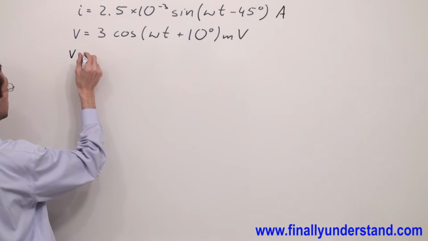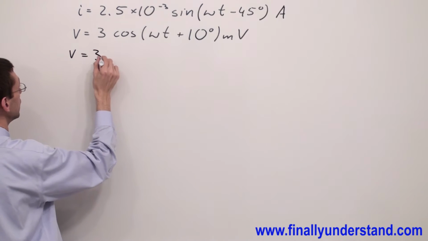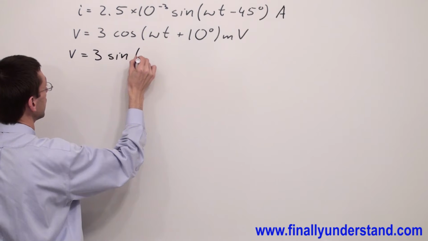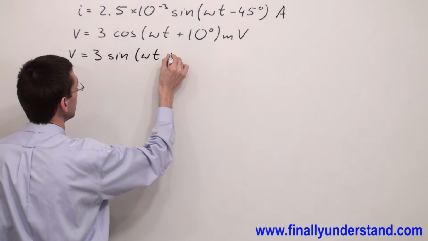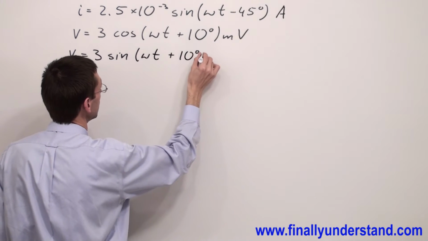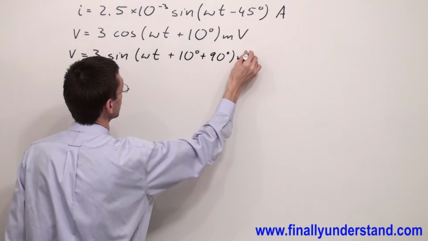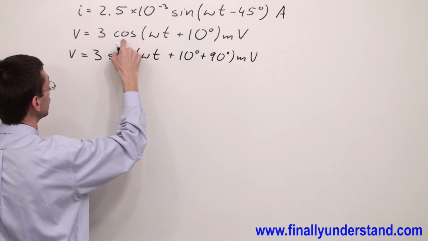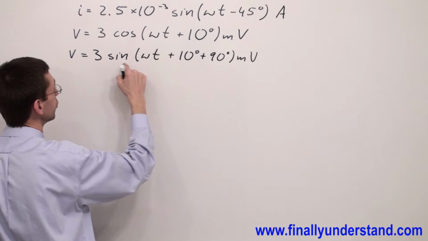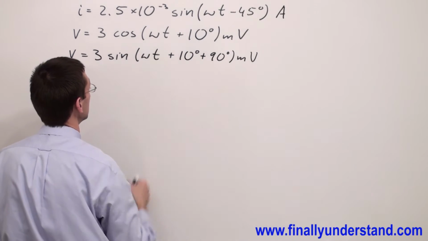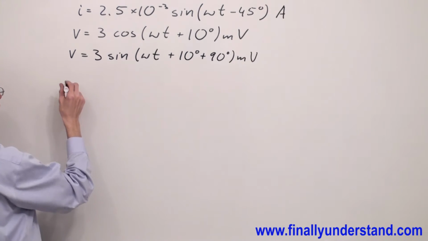So I'm going to rewrite this as V equals 3 sine omega t plus 10 degrees plus 90 degrees millivolts. One more time, if you want to convert cosine to sine, you're supposed to add 90 degrees to the phase shift angle.